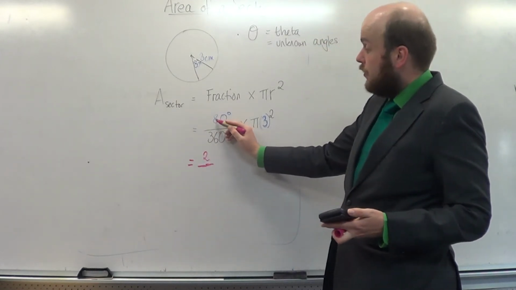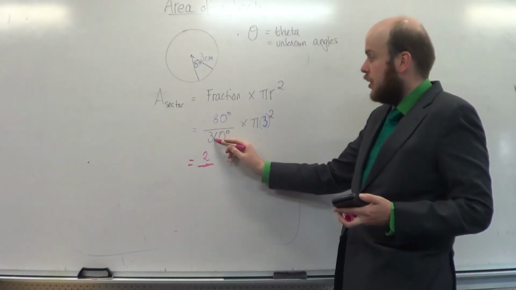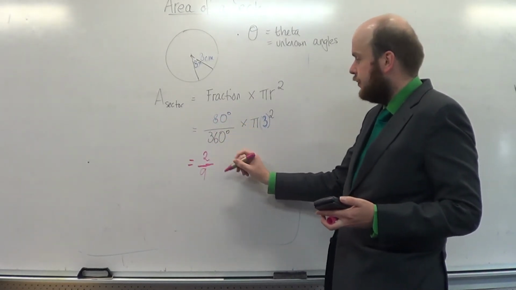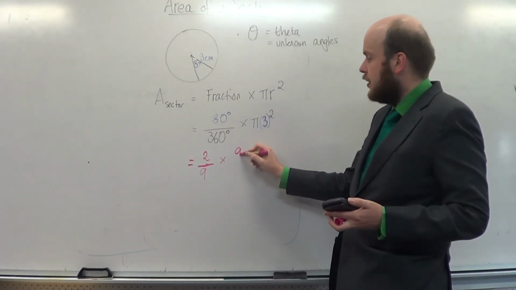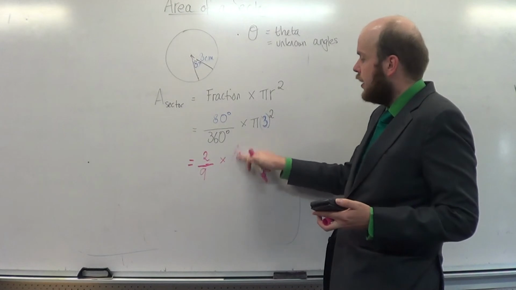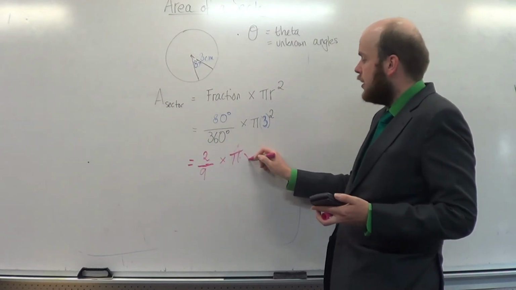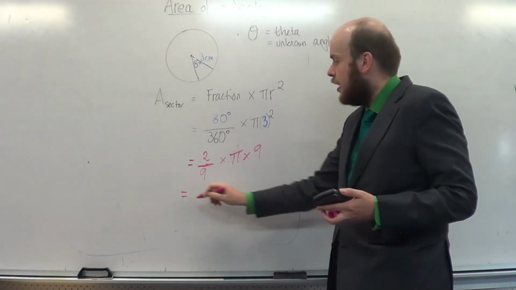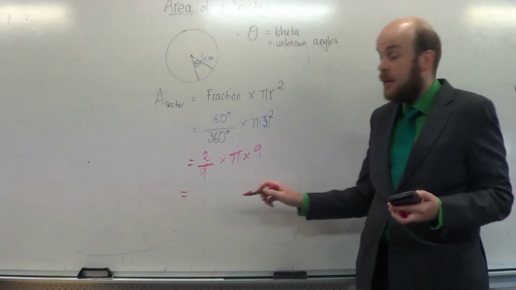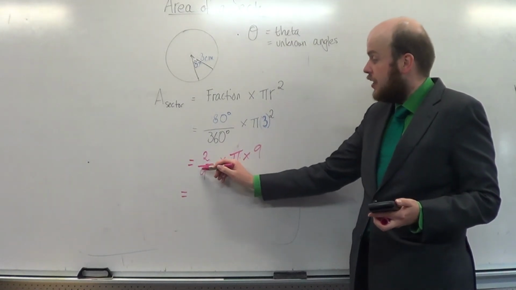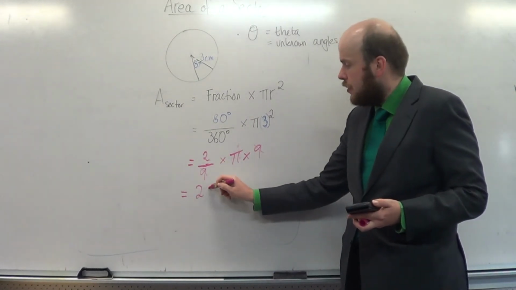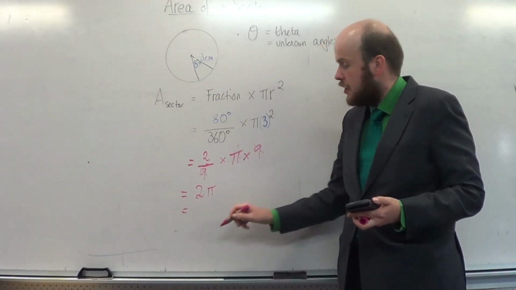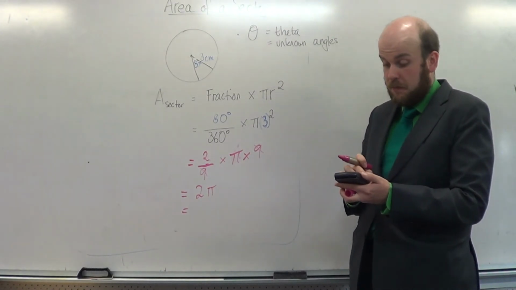So 4 can go into 8 2 times, 4 can go into 36 9 times. Times 3 squared is 9. So times by pi times by 9. Oh, and guess what? Fractions here, that 9 and that 9 will cancel out. So we get 2 pi, which is equal to 6 point, whatever the case might be.